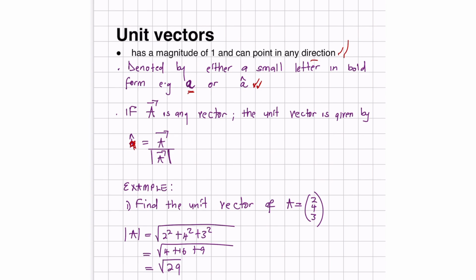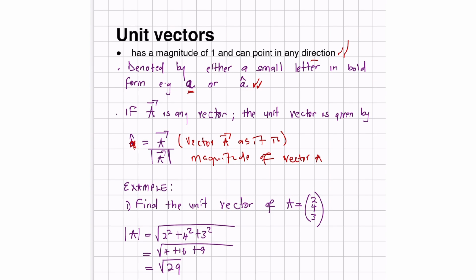So it's the vector A as it is. Then you divide this by the magnitude of vector A.